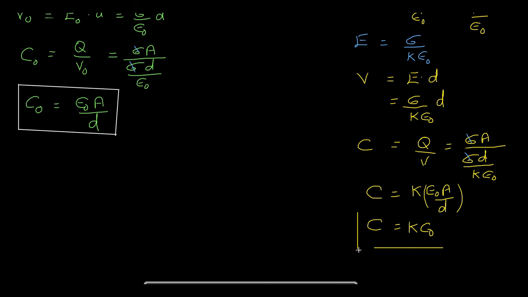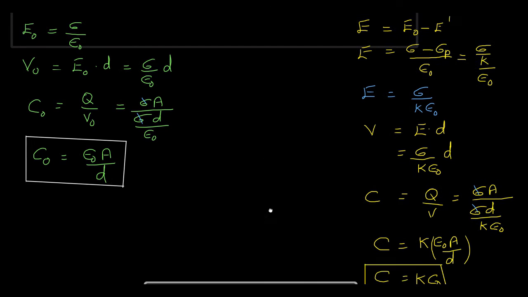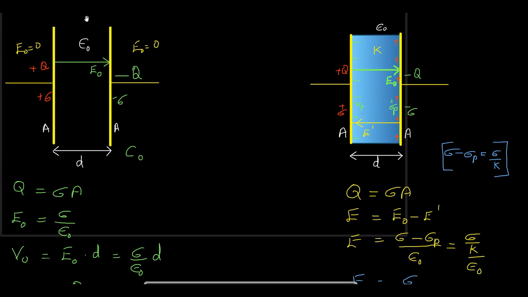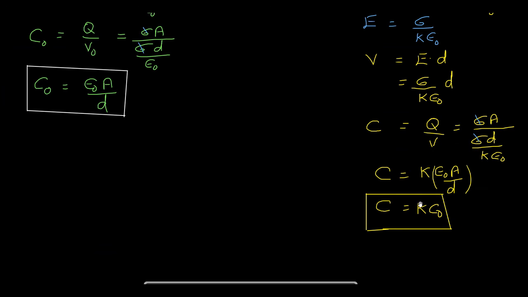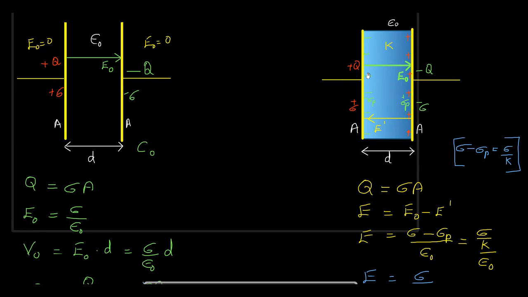C is the capacitance when dielectric is introduced between the plates, and C naught is the capacitance when free space is introduced between the plates of the capacitor. C and C naught are in the ratio C by C naught equal to the dielectric constant of the medium which is placed in the area between the plates of the parallel plate capacitor.